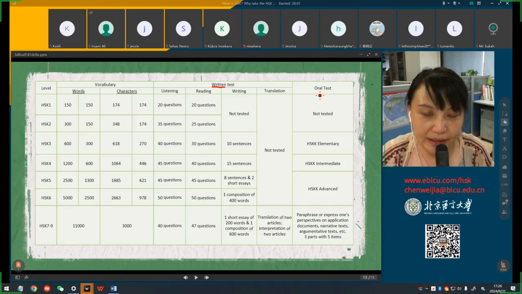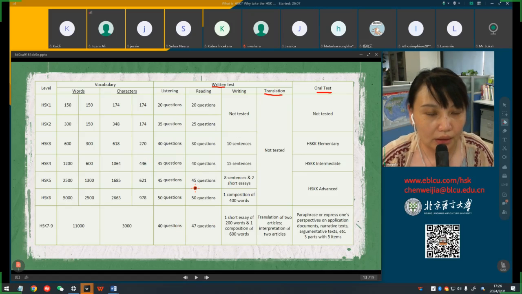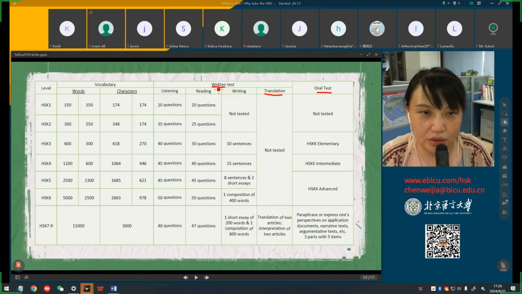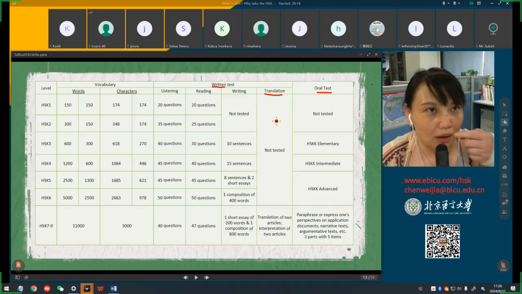A written test and oral test. For HSK 7 to 9, it has a translation part. So usually for HSK 1 to 6, it just includes 2 parts, written and oral test.